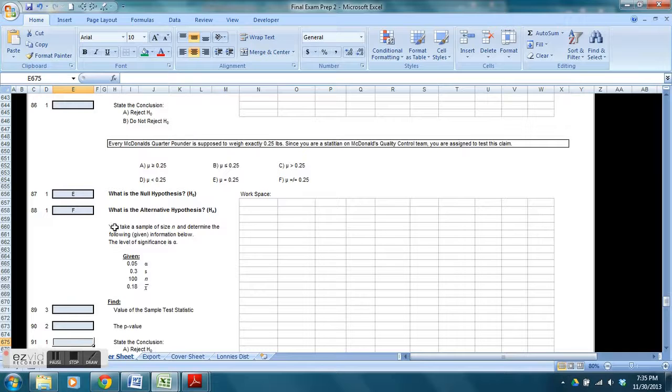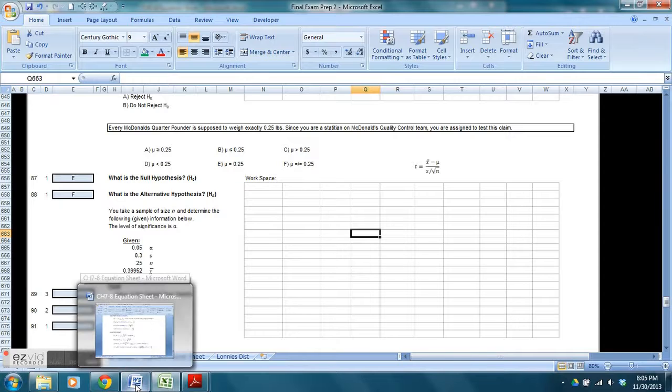So we take a sample size of n and determine the following information below. The significance level is 0.05. So find the value of the sample test statistic.